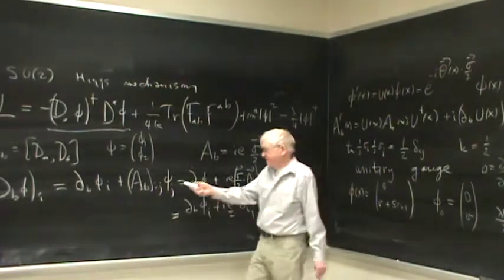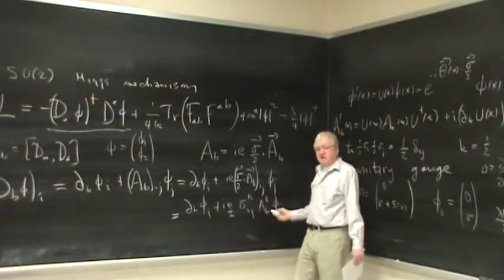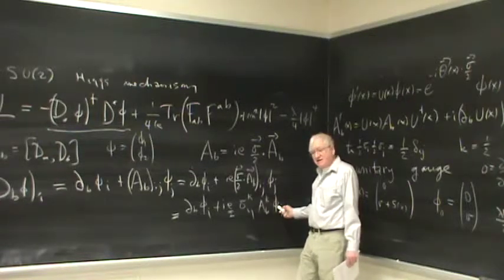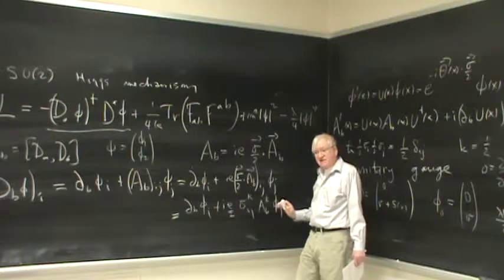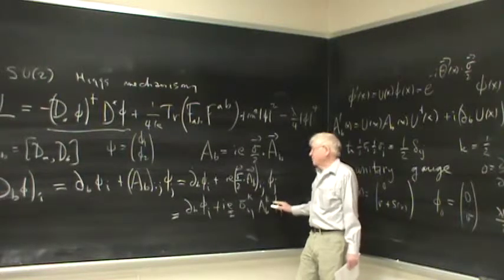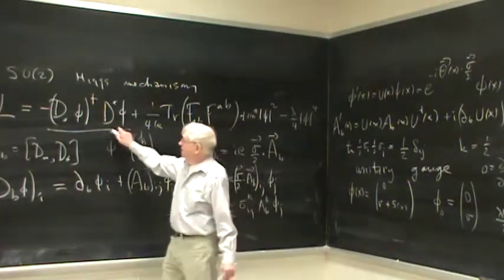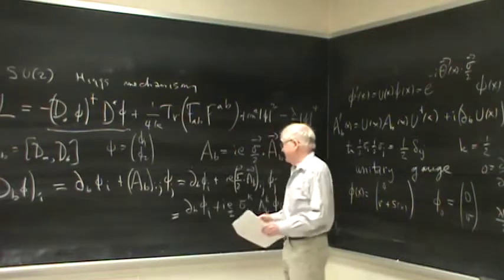In other words, this is the covariant derivative, and so it's the ordinary derivative plus this thing. But phi assumes the value (0, v) in the vacuum.